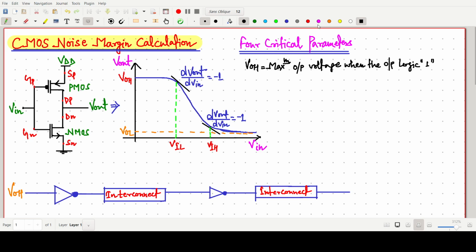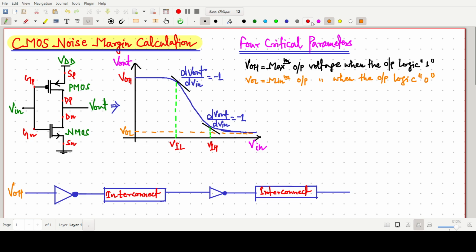And VOL, the other critical parameter, is the minimum output low voltage, the minimum output voltage when the output logic is simply 0.